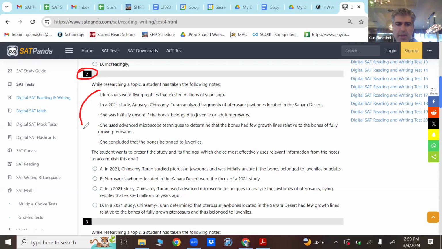So this is called like rhetorical analysis, where you're just using information here, and then what they want is the student wants to present the study and the findings. Which one does that the best?